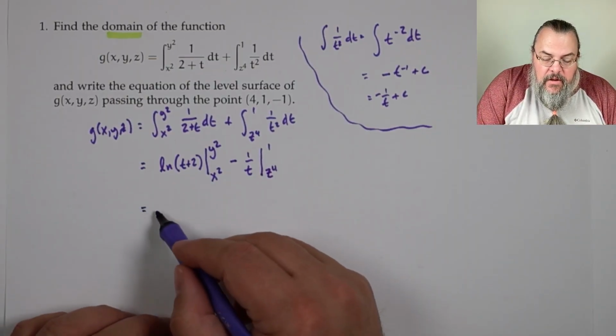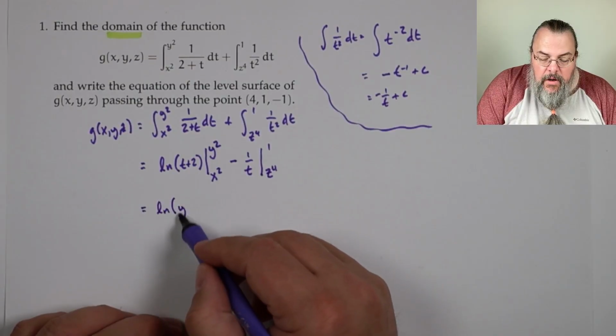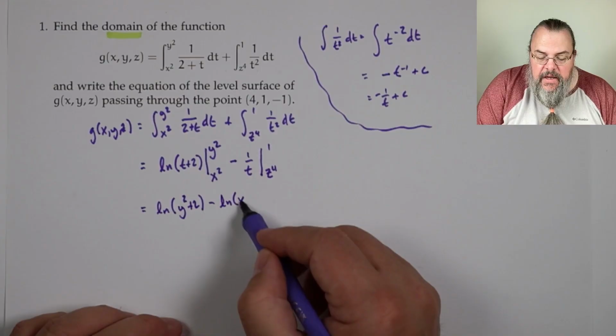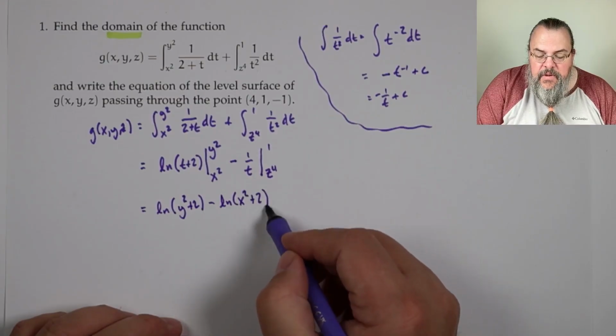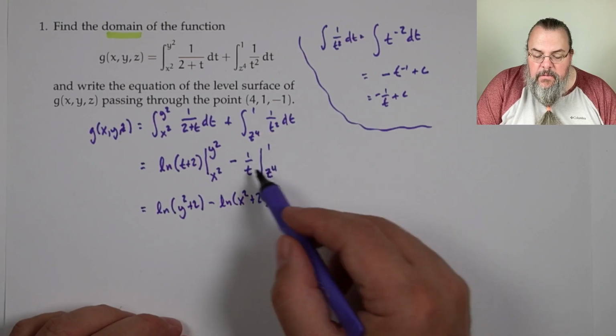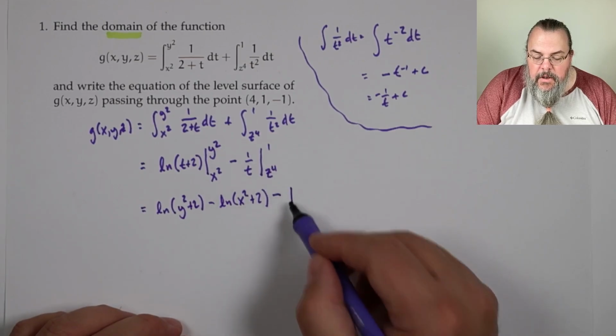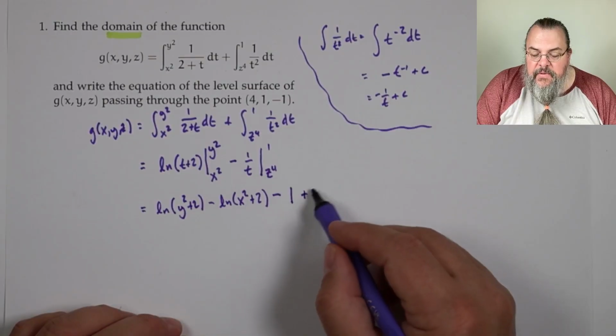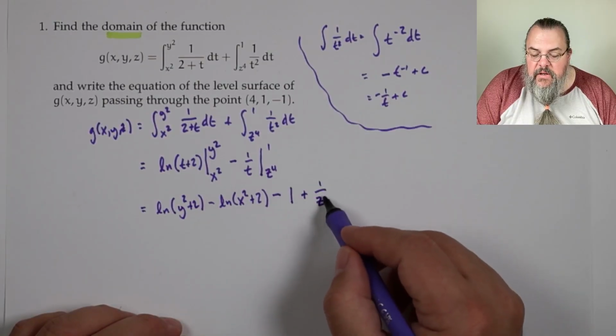So we have log of y squared plus 2, subtract log of x squared plus 2, minus, plug in 1 over 1, 1, and then minus, there's another minus, makes it a plus, 1 over z to the 4th.